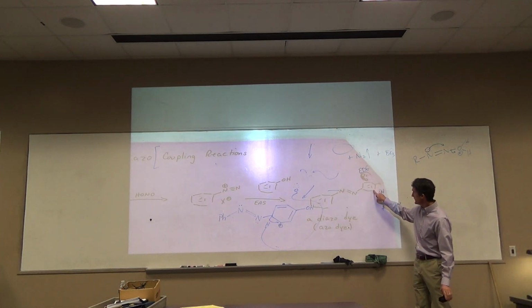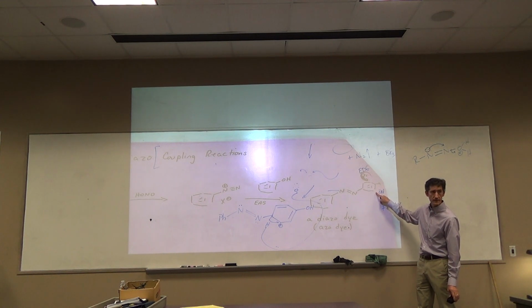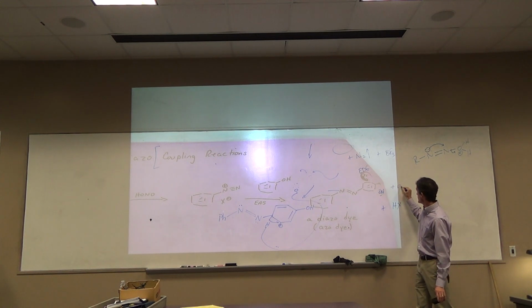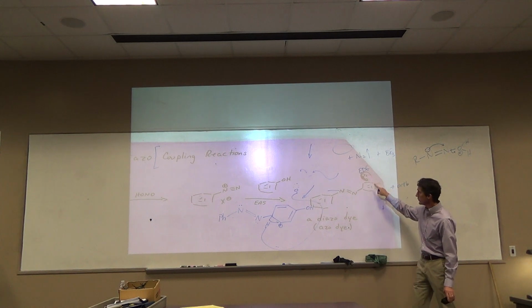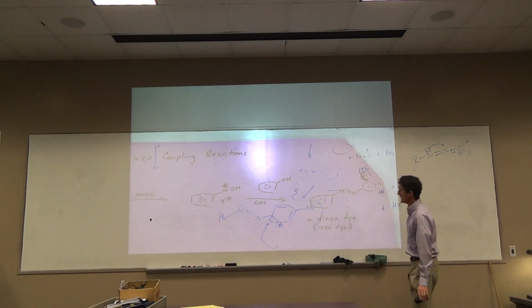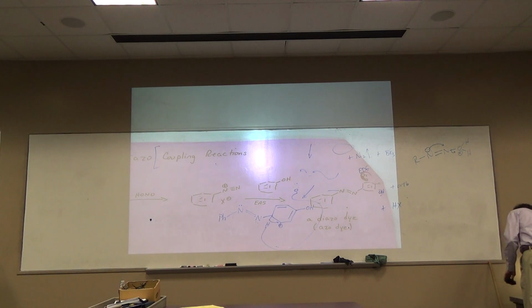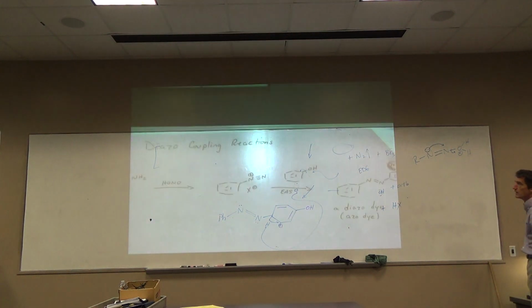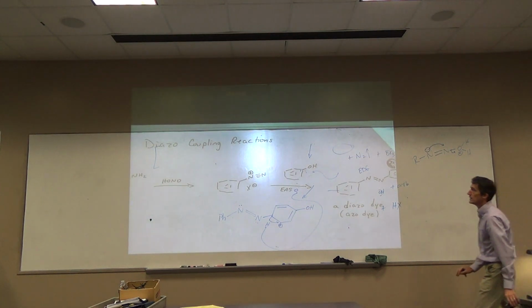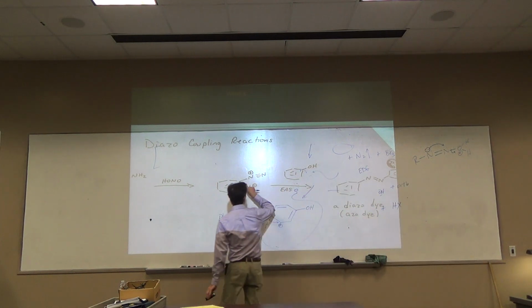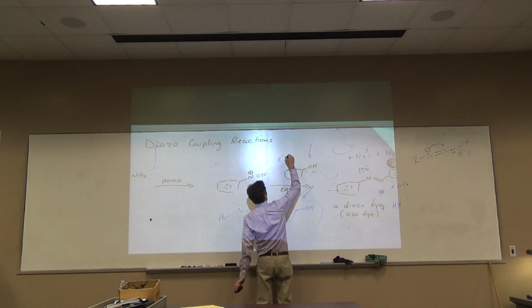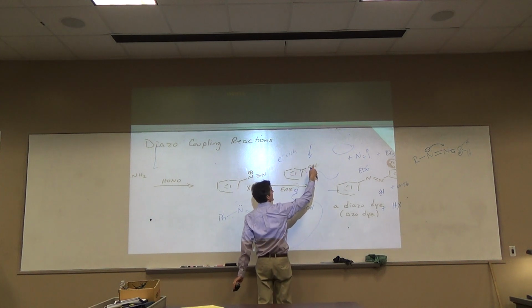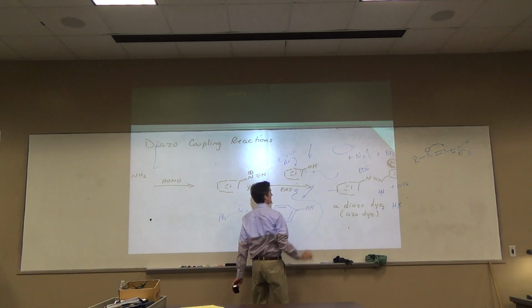Now, this reaction could have gone ortho, plus ortho. It's always a possibility. This is an ortho-para director. There are some examples of these below. Typically, this is from the diazonium and an electron-rich, electron-donating group aromatic.